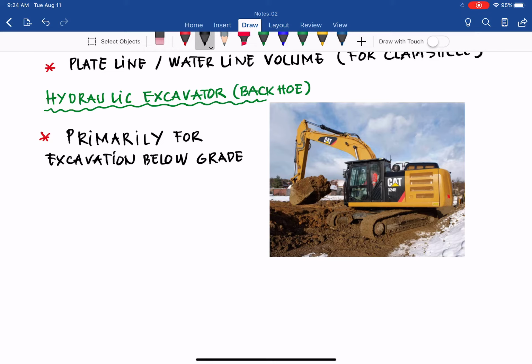And other applications that you may see with this hydraulic excavator or backhoe.